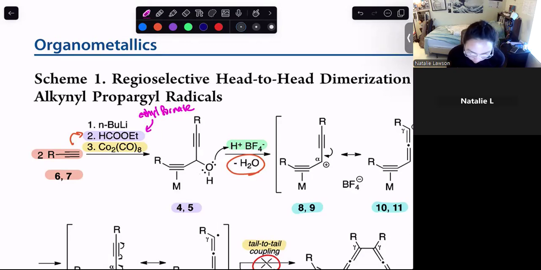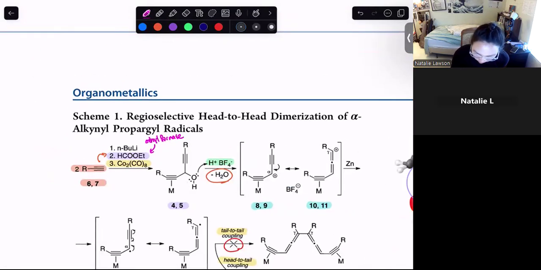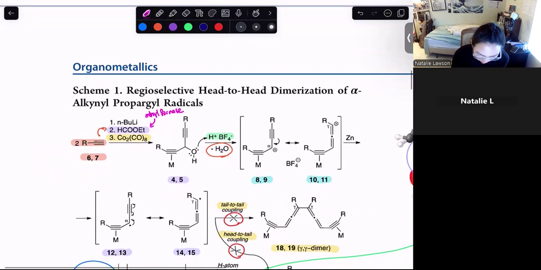They protonated it to become an alcohol that formed 2 resonance structures, and then zinc probably reduced it to form 2 other resonance structures with the radicals now.